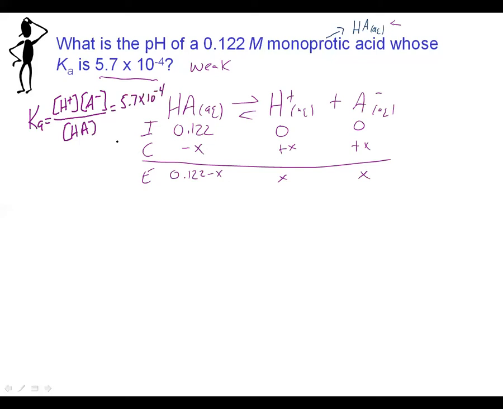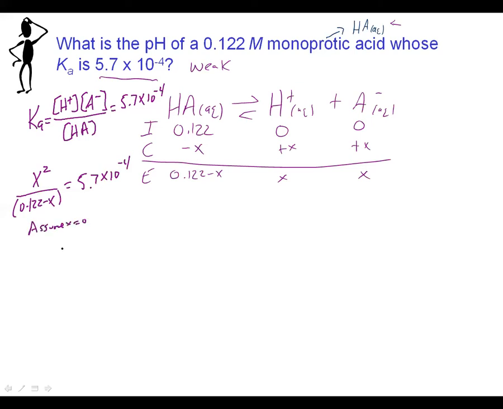Like before, we're going to take our equilibrium line and toss it into that equation and see how we do. Putting it in gives us x squared over 0.122 minus x equaling our Ka value. Again, it's a small Ka value, so we can assume x is equal to 0 in the denominator.